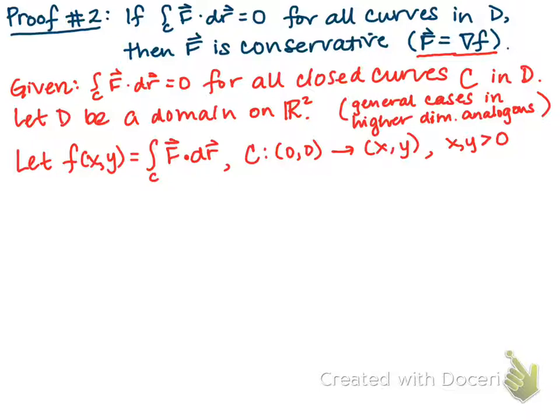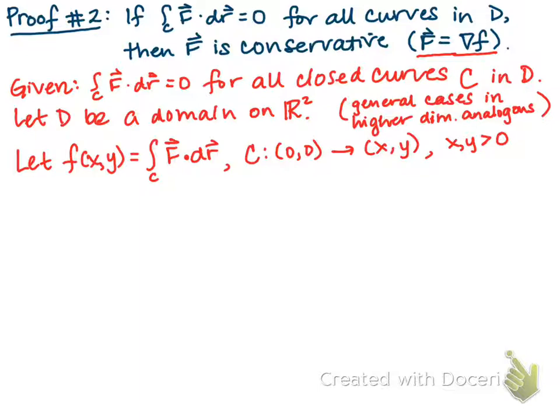Normally I would ask, well, what C are you talking about? Because I really haven't said anything specific about the curve that goes from 0, 0 to x, y. So why is this path independent?